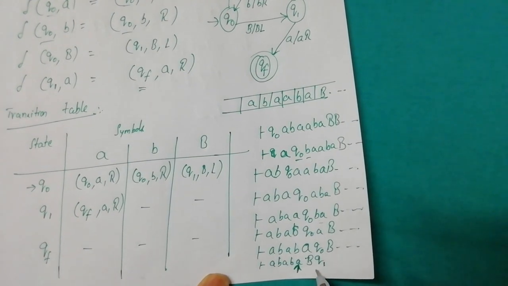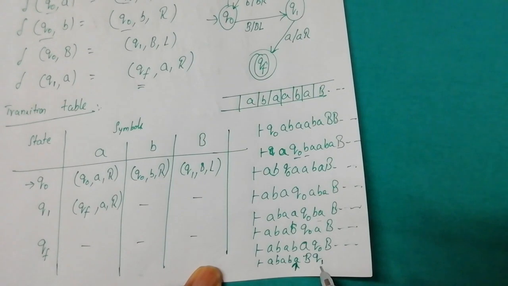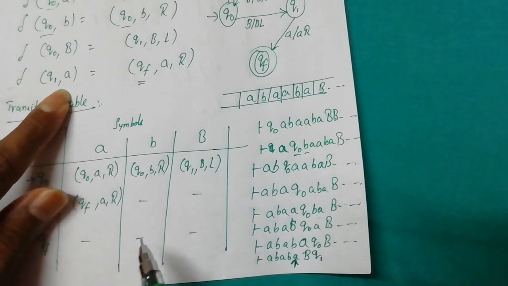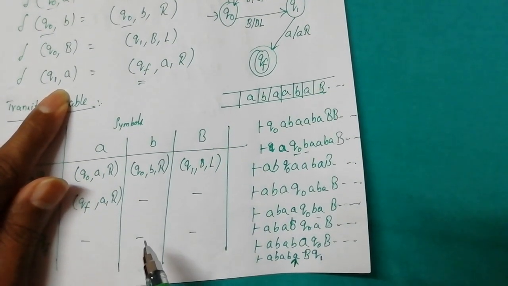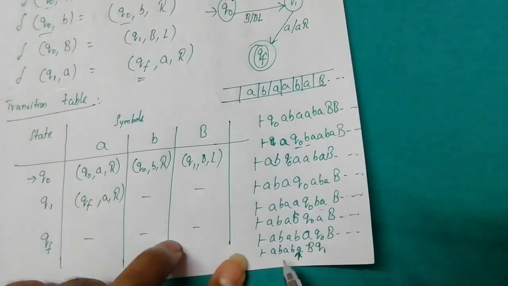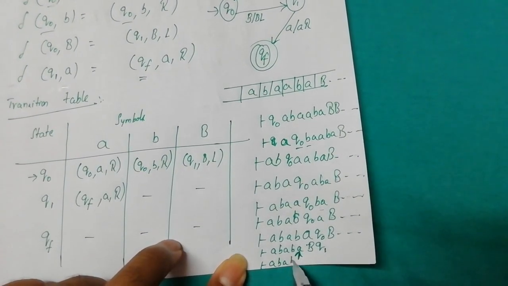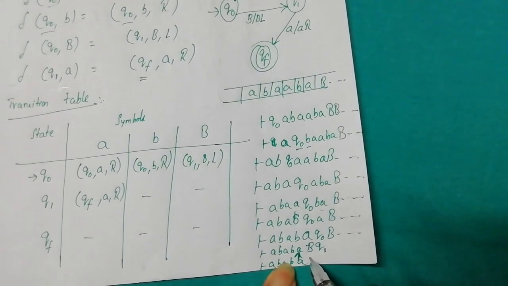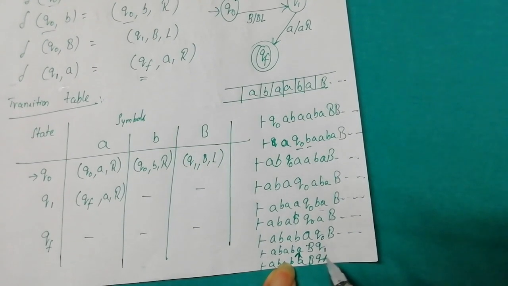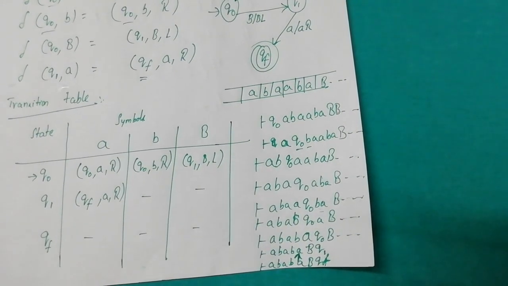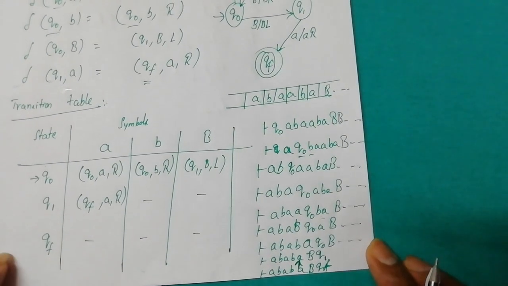Next Q1 come across with input symbol A. When Q1 come across with input symbol A, means that we are making sure that the last character is A. So we need to accept such strings which are ending with character A, last character as A. So we are moving to the state, ABABA, blank symbol, and finally we are moving to the final state QF. In this way, we can accept strings in a Turing machine.